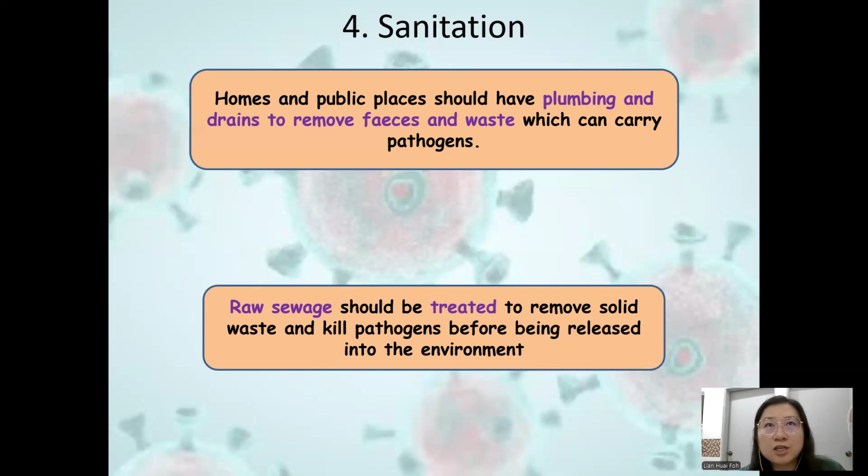Therefore, in some developed countries, cholera cases are very, very low. But third world countries don't have the budget for a proper sanitation system, and therefore cases of cholera in third world countries are still at a very high rate.